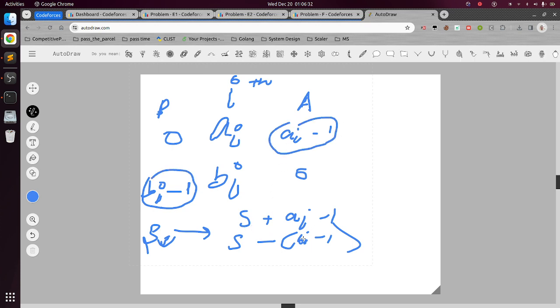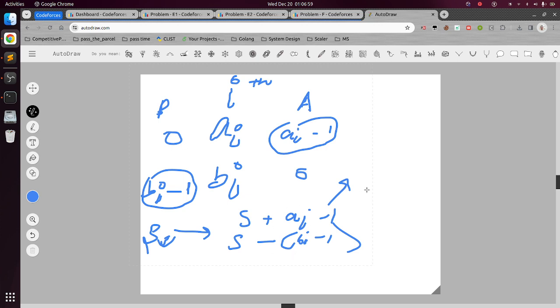If Allies makes this move, then your score increases by A of I - 1, and if Bob makes the move, your score decreases by B of I - 1. So the overall score is actually affected by the cumulative sum of them.